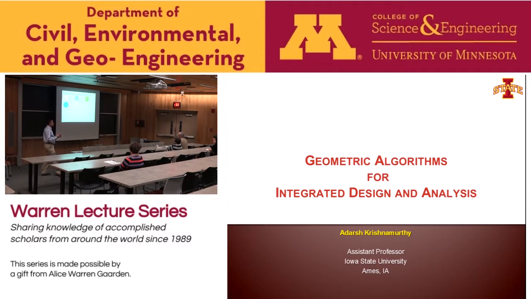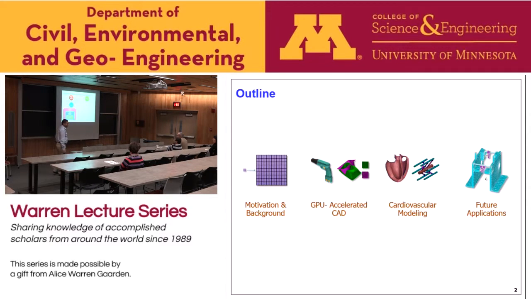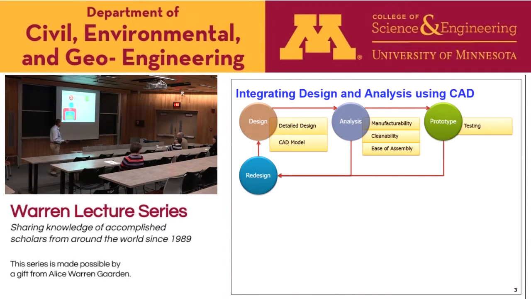Then you want the design to be correct, and the designer gets feedback about what happens with respect to strength or assembly. To do this, we have to look at how the CAD/CAM system works.